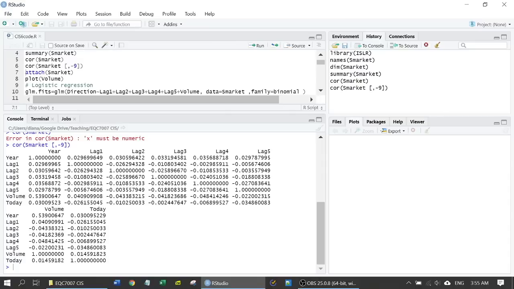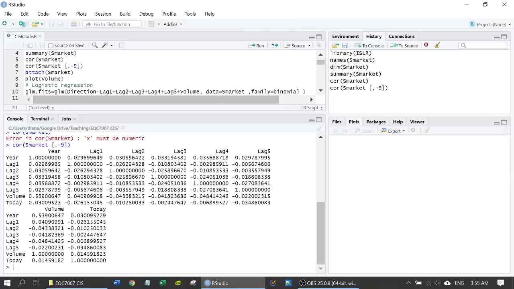So what intuition can we get from this? Our goal here is to use the information about the percentage returns of the 5 previous days in order to tell us what would be the direction for today. Based on the previous 5 days, we want to predict whether today is going to be up or down.